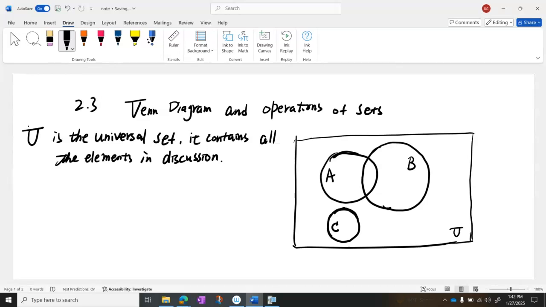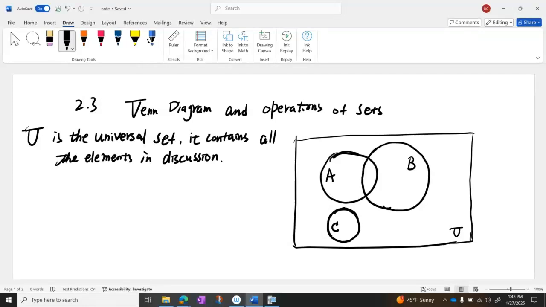If you are about to study all the full-time students at TCC, then all the full-time students would be the elements in the box. If a student is not full-time, is a part-time, then the student is not supposed to be in the box. It should be outside the box. So the box here gives the universal set. It tells us all the elements under consideration. All right, gives us the scope of your study.